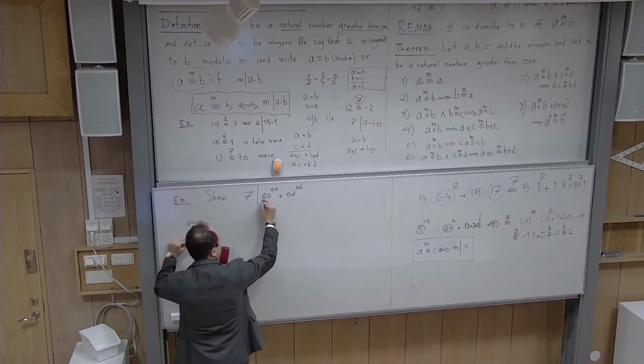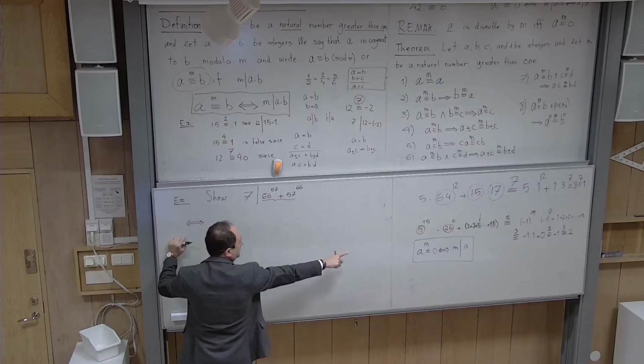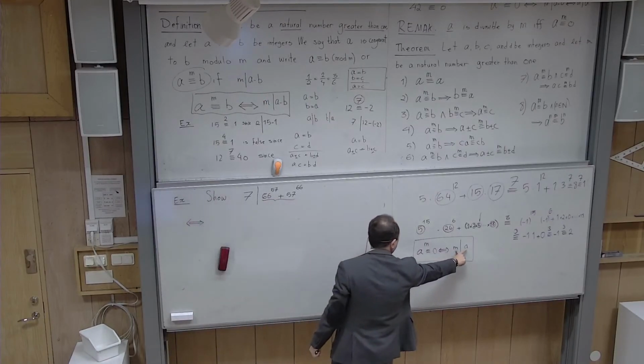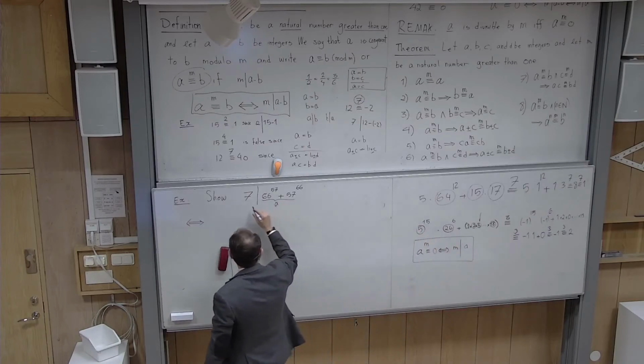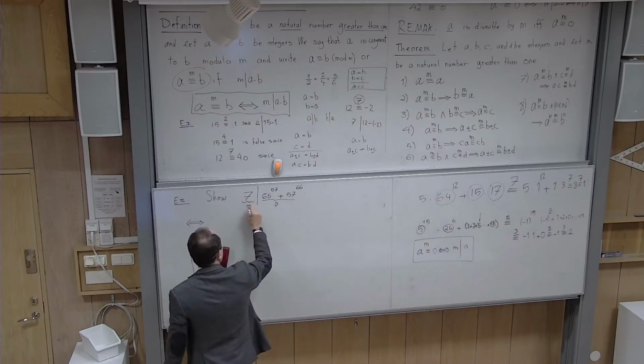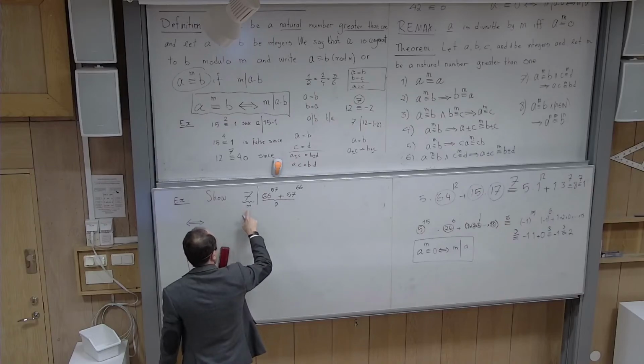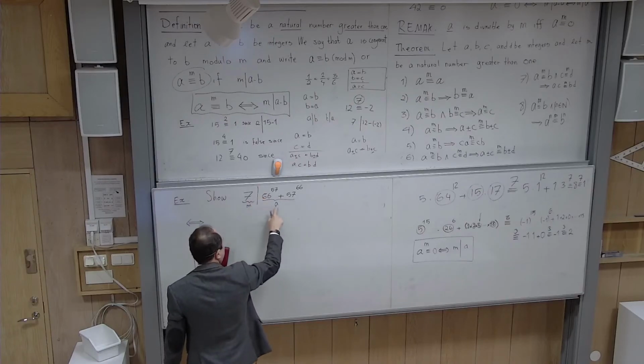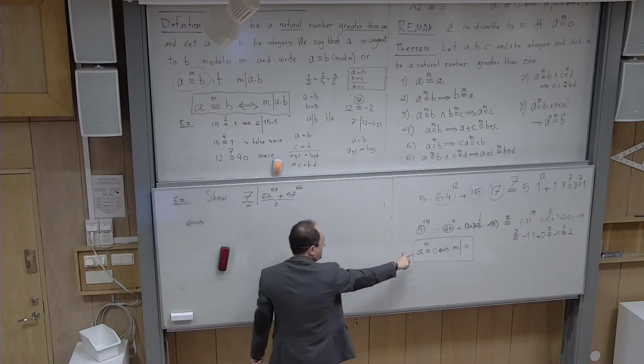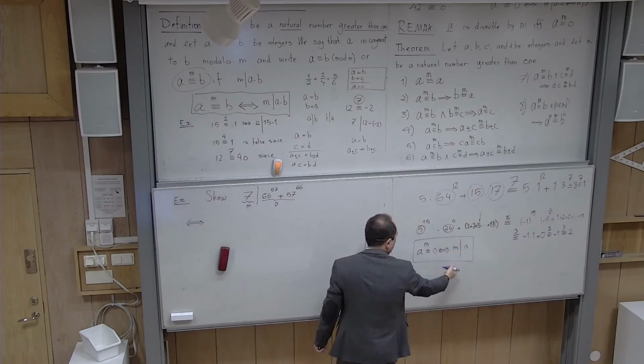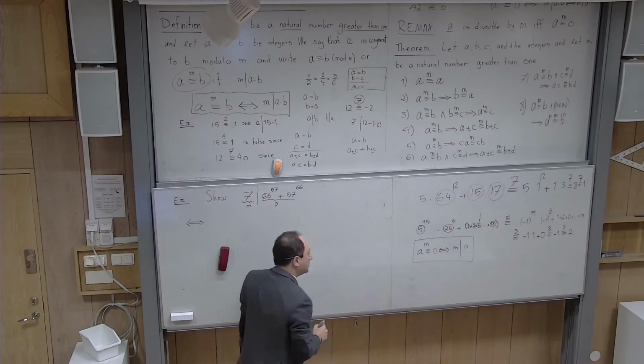This is playing the role of the number A here, and this is playing the role of the number M here. I want to show M divides A. But M divides A can be translated into this new language.